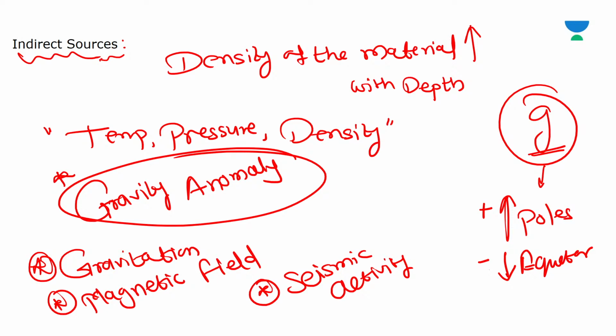Now, after the indirect sources, that is gravitation, magnetic field, and seismic activity, we will discuss the earthquake.